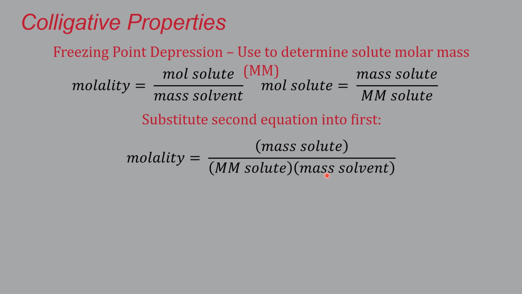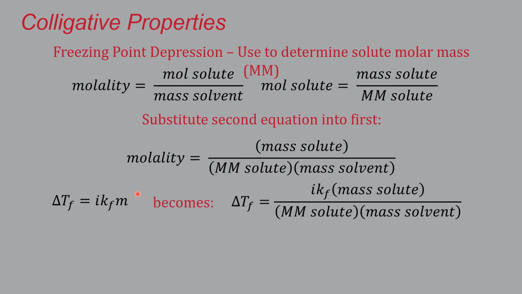Now, with this expression for molality, we can express the change in the freezing point, which is normally the Van't Hoff factor, the freezing point constant, and molality. Putting this expression in for molality, we get the change in the freezing point temperature is equal to the Van't Hoff factor times the constant Kf times the mass of the solute divided by the molar mass of the solute divided by the mass of the solvent.